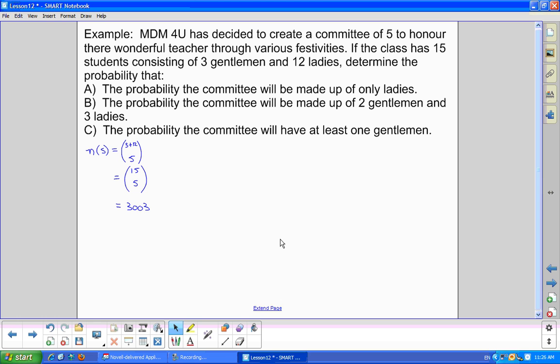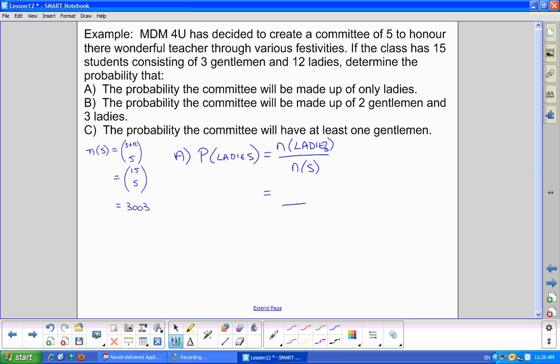Okay, so answering A part: the probability that you'll only have ladies on the committee. We're looking for how many ways you can choose all ladies divided by N of S. So the denominator is going to be 3,003.